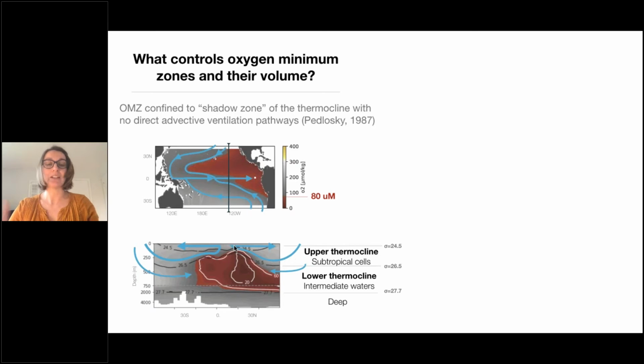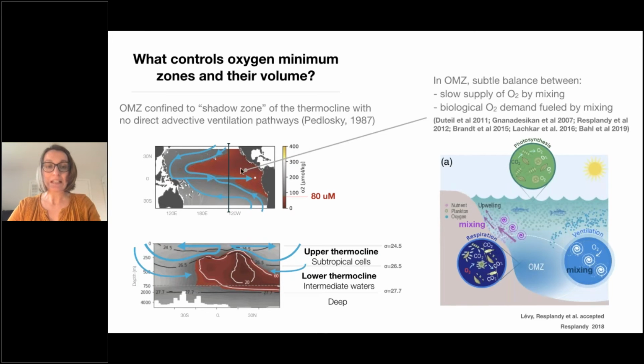The upper thermocline is where oxygen is supplied by the subtropical cells, those cells here, while the lower thermocline is ventilated by mode and intermediate waters. Now, what's happening in the OMZ?